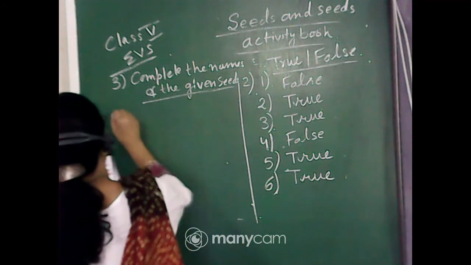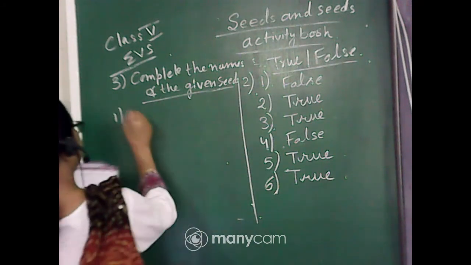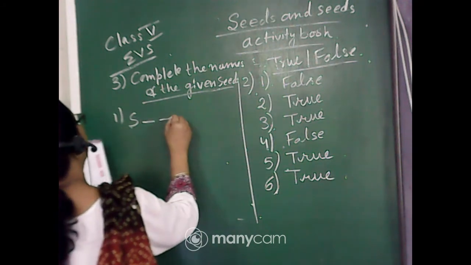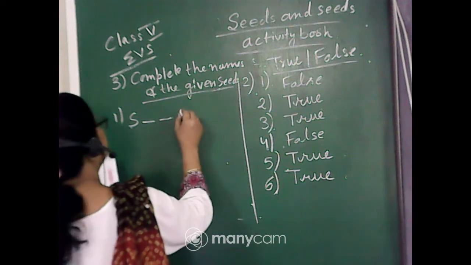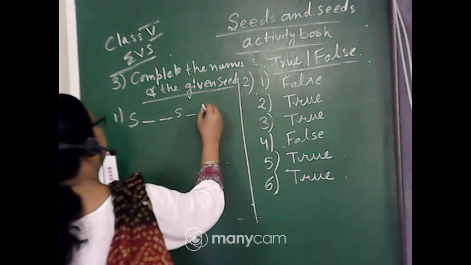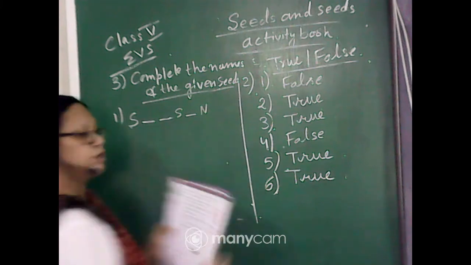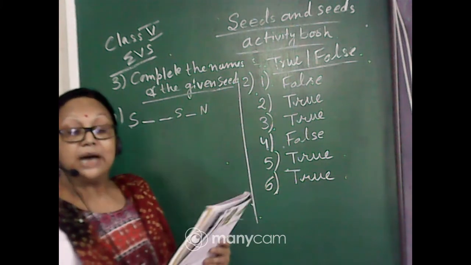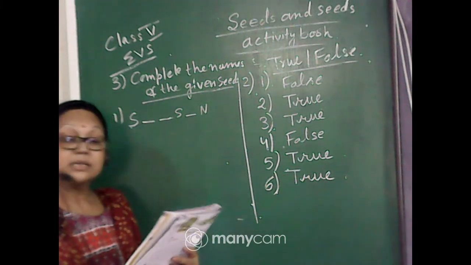First one is given S, two blanks are there, then S, then dash, then N. What should it be? It should be sarson.